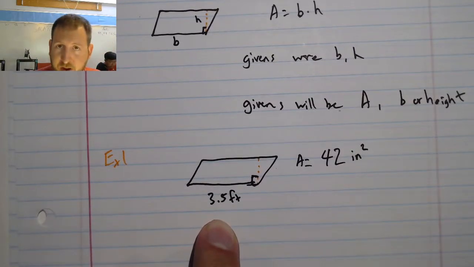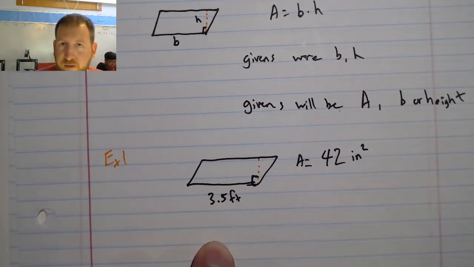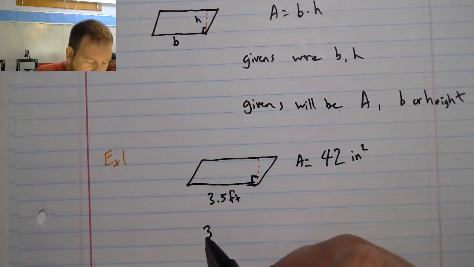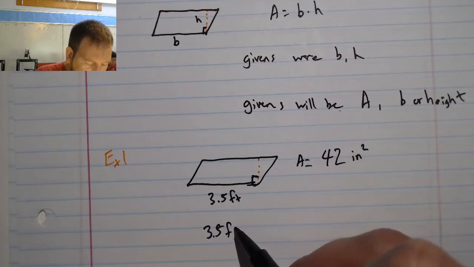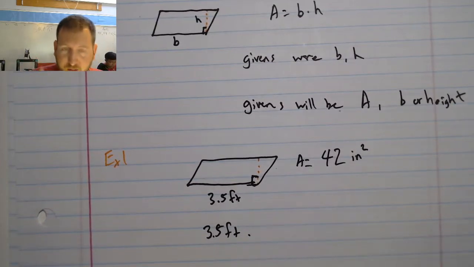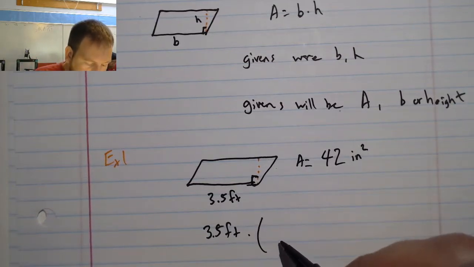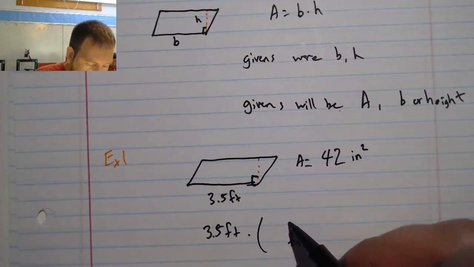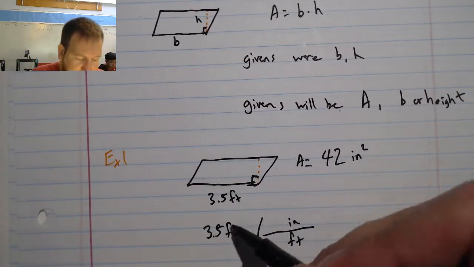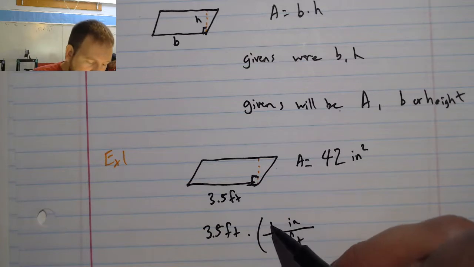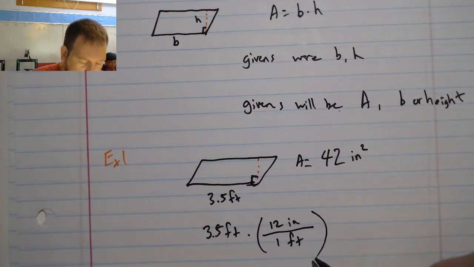The way that I'm going to be doing that is I know that there are 12 inches in a foot. So I'm going to take 3.5 feet, remembering our unit conversion model, and I'm going to put feet on the bottom, inches on the top, so that I can cancel out my feet, and I know that there are 12 inches in 1 foot.